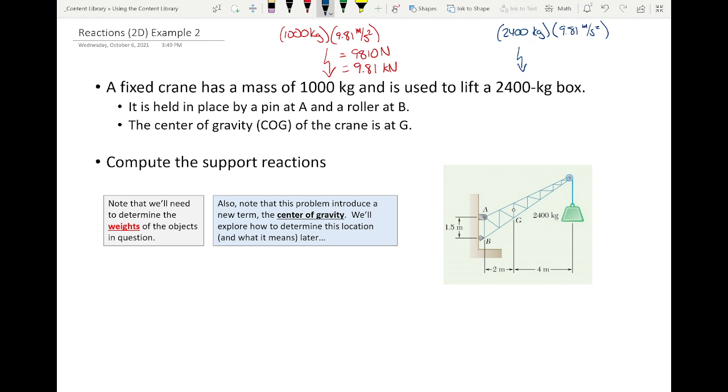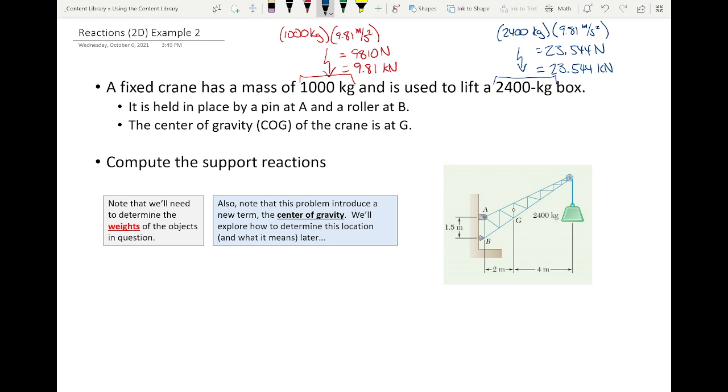All right, this equals, I'll do this one for you, 23,544 newtons, 23.544 kilonewtons. Already, right off the bat, convert.